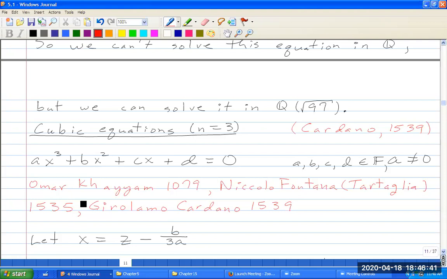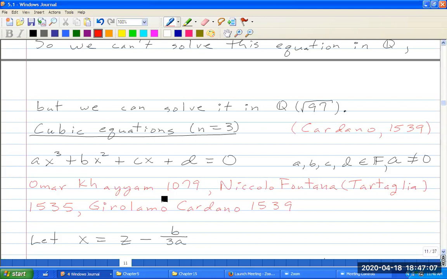In 1539, it was first published by Cardano, and he actually asked Tartaglia how he solved the cubic.